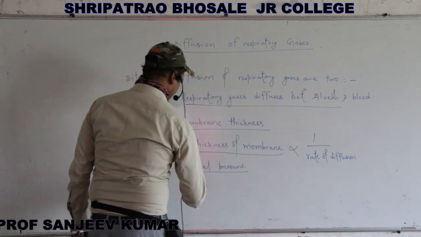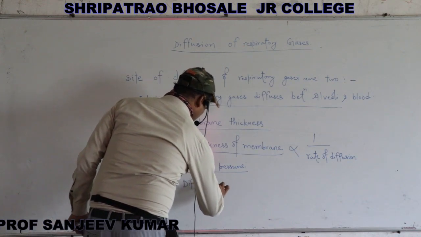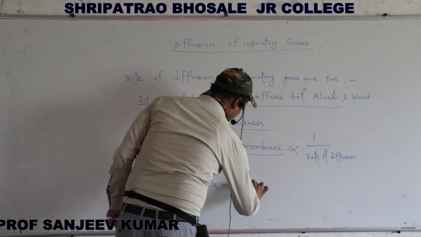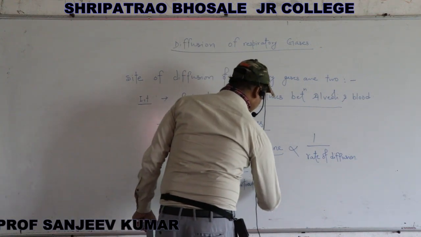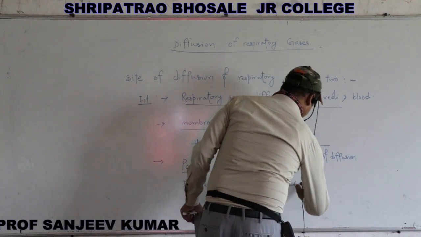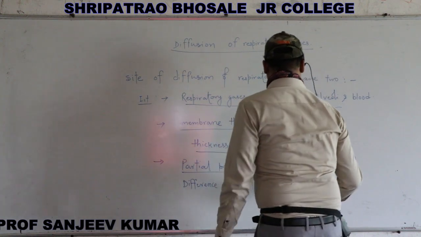Now, the third thing is the partial pressure. Difference in partial pressure creates a diffusion potential.